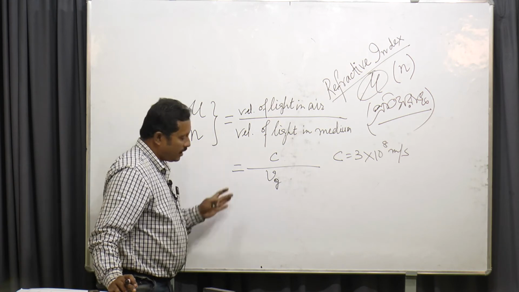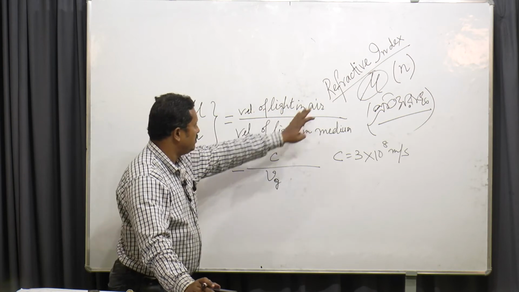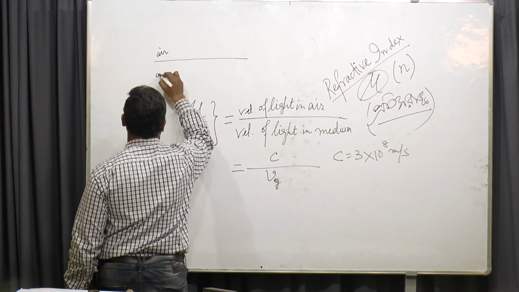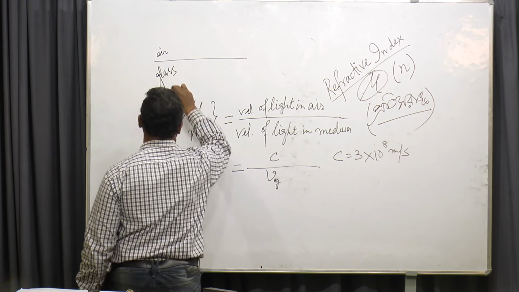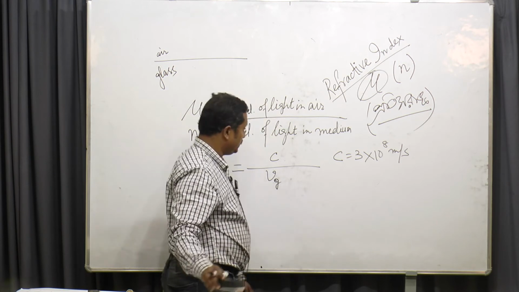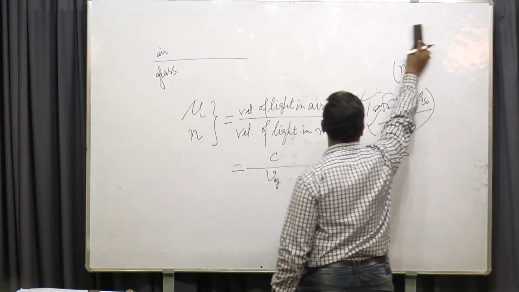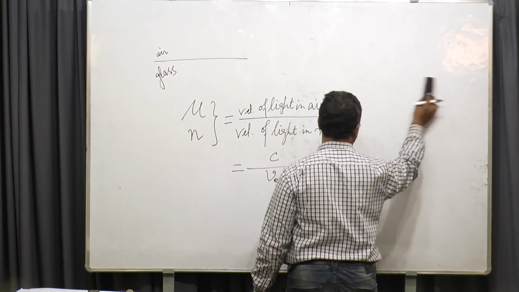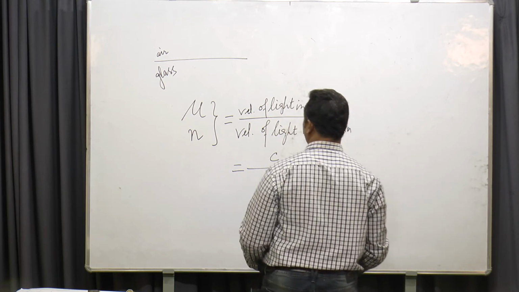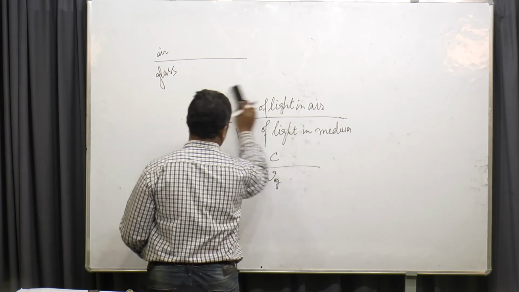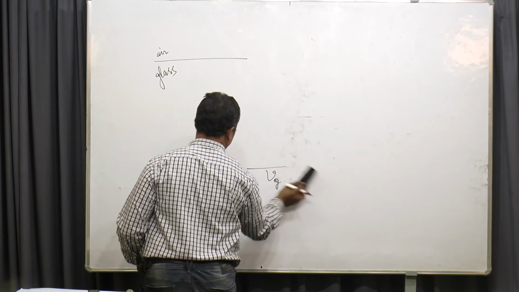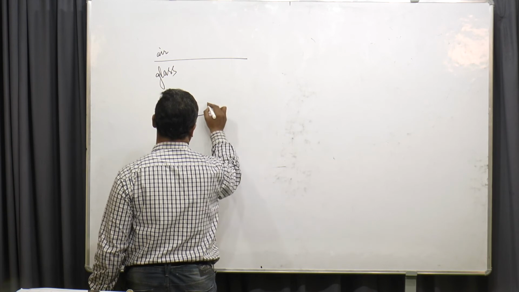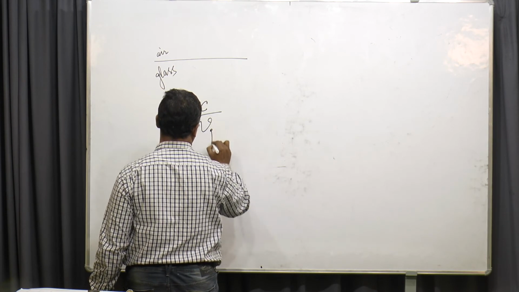Now you see, I have given a medium air. In my previous diagram it was air and glass. Now if I apply the same concept, let me make it concise. Mu is equal to c by Vg.